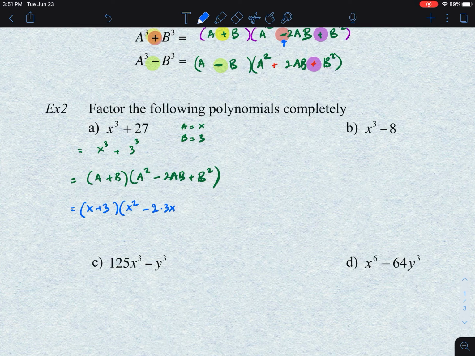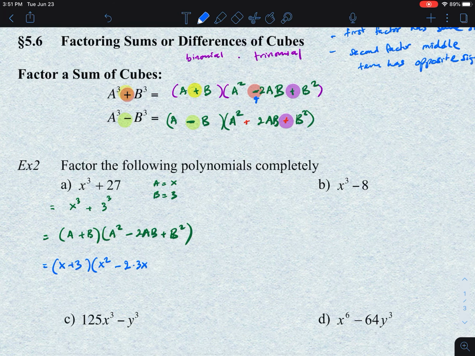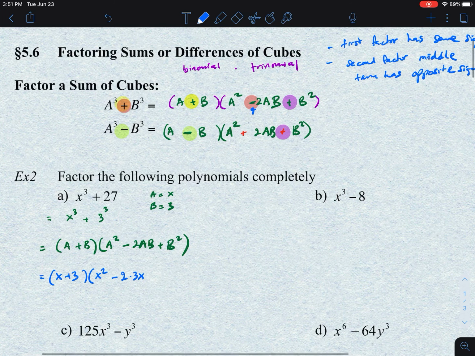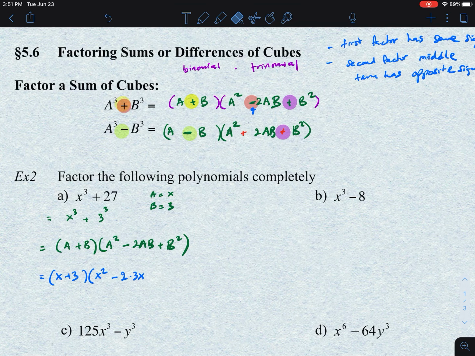Oh, sorry. Nope, it's not 2 times. I think I made a mistake. It's just going to be minus ab and plus ab. Let me correct my mistake here. The formula I wrote was incorrect. It is not minus 2ab and plus 2ab, it's just ab. So let's erase that. It's just going to be minus ab and then plus ab there.